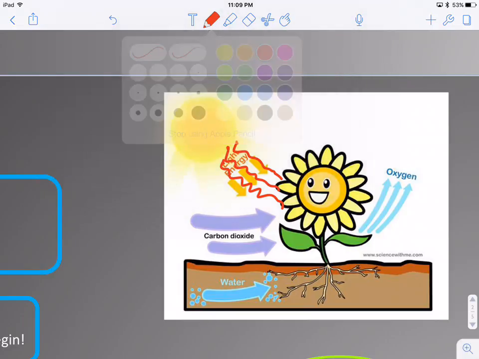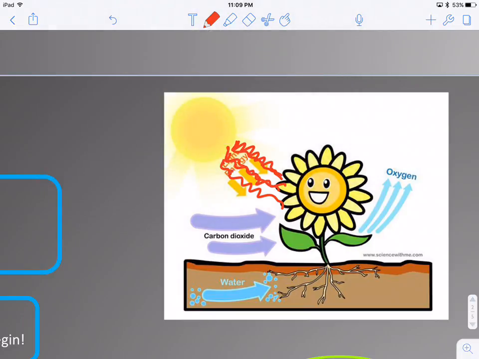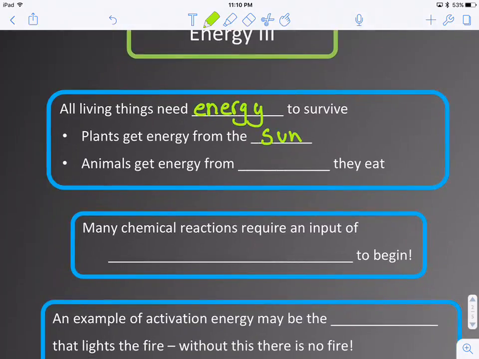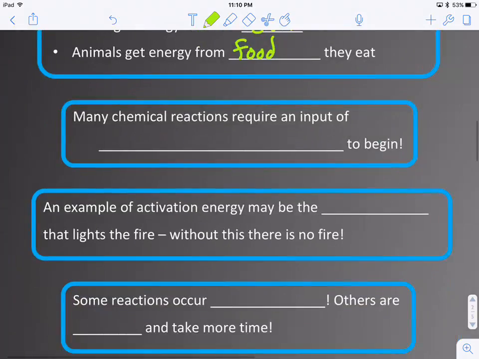And what's going on is the sun is giving off this energy to the plant, which allows the plant to produce glucose and to grow. Without the sun, the plant would not be able to get any energy. Because remember, plants, unlike us, they don't eat food. We eat food to get energy, right? We can't just sunbathe and all of a sudden start making glucose. For us, it doesn't work that way. And once we begin learning about cells, you guys should understand that a lot better.